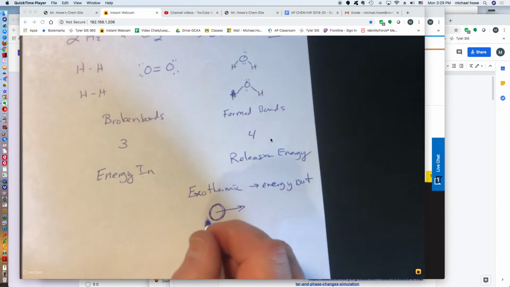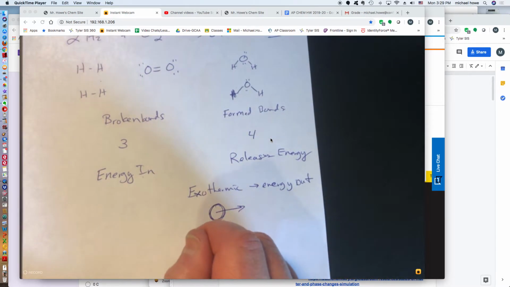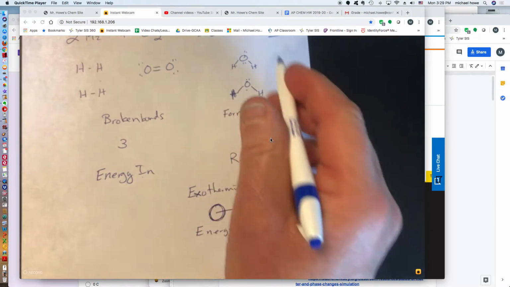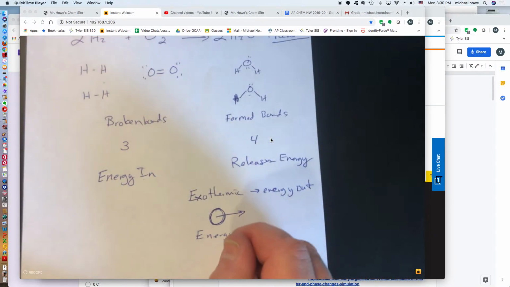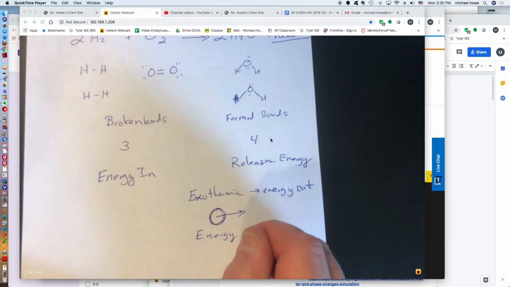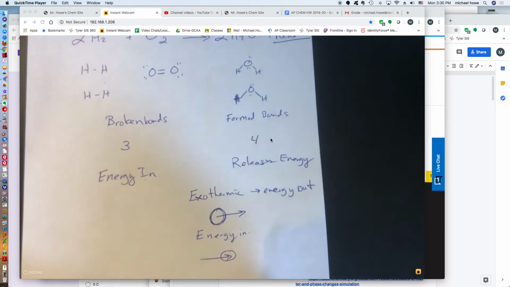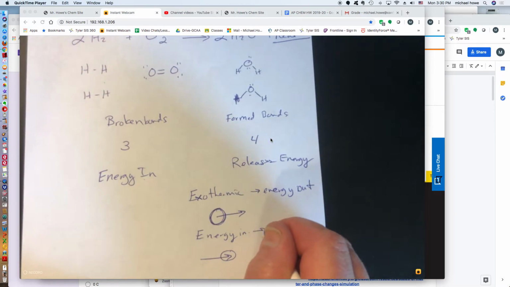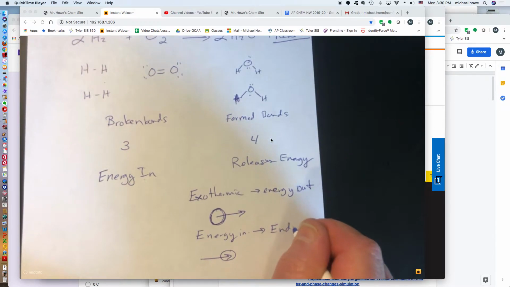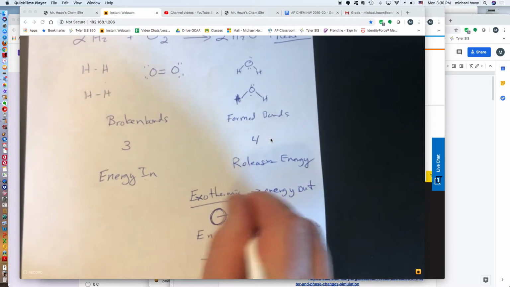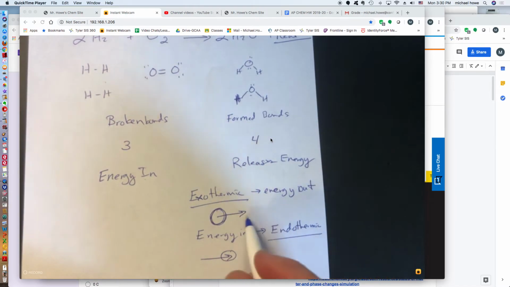On the other hand, if you had more energy go in than come out, so if there's a net energy in, in other words, if we have the system where energy is flowing into the system, we call that endothermic. So 2 key words. Exothermic means energy out.